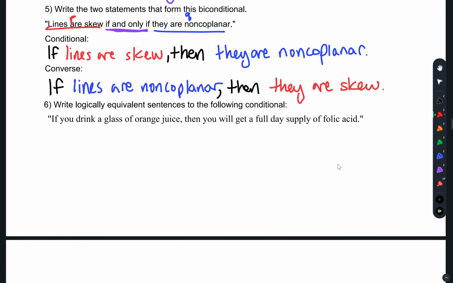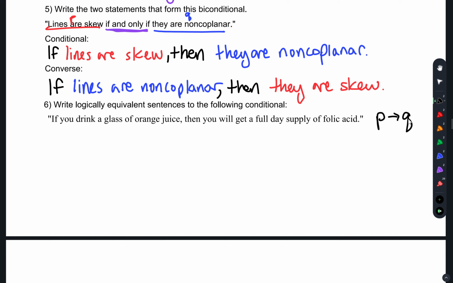Okay, last one. Write the logically equivalent sentences to the following conditional. If you drink a glass of orange juice, then you will get a full day supply of folic acid. We're going to assume that's a true statement. I don't know much about glasses of orange juice, but I guess that's probably true. So that's my conditional. It takes the form P then Q. Look back at your first page if you have to. What form is logically equivalent to the original conditional?